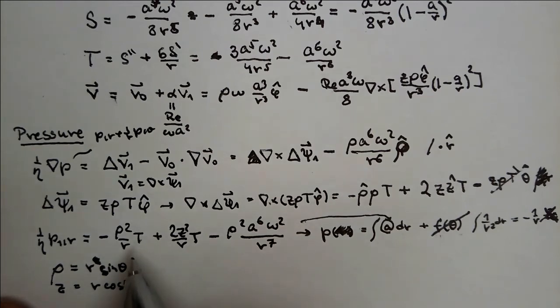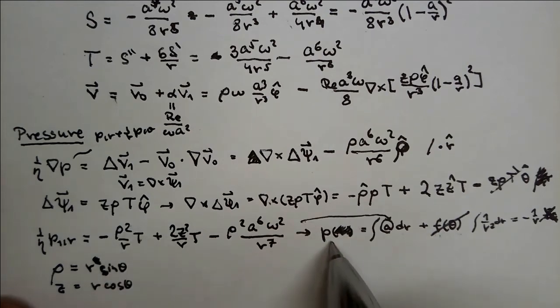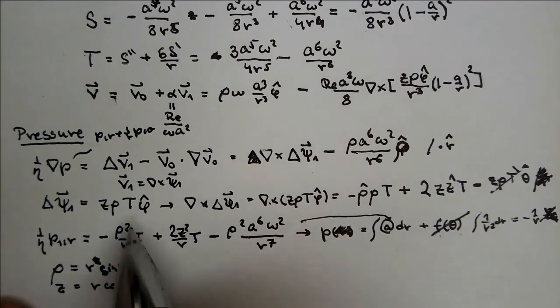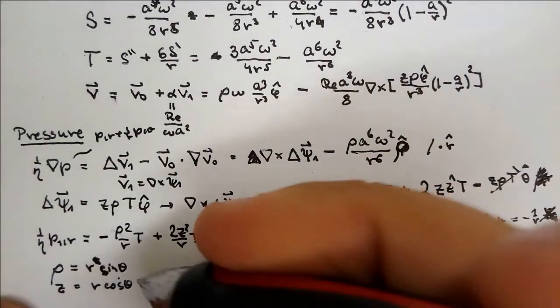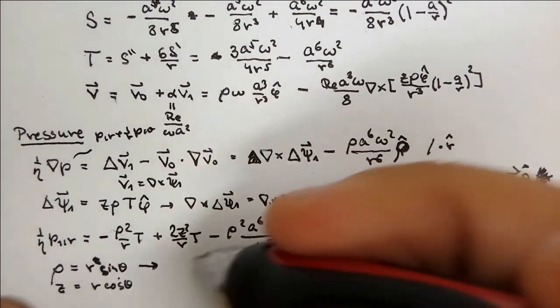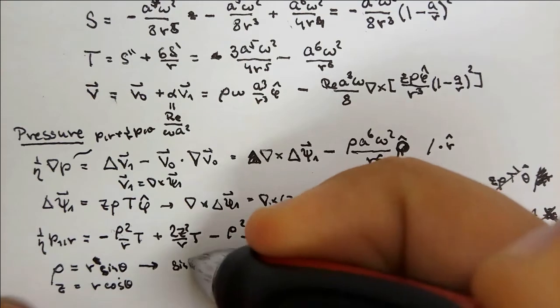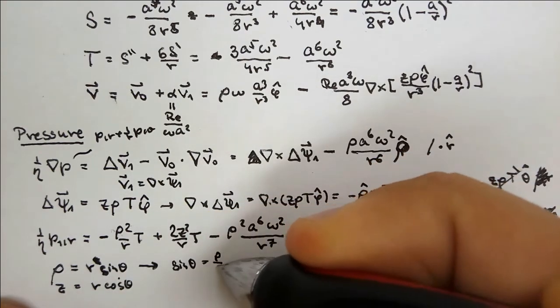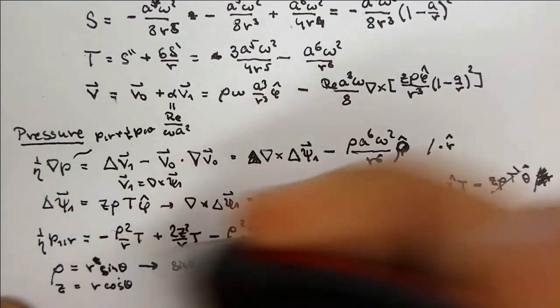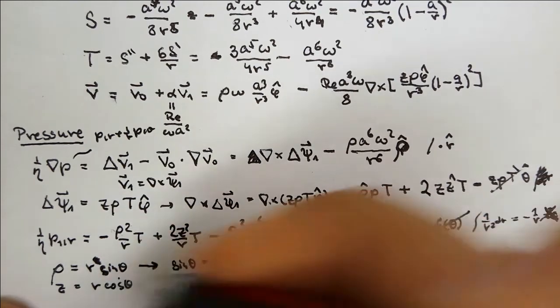And then the remaining terms: the pressure will be a function of r and theta. There should be some signs, and you will again, as in the case of ocean flow, substitute for sine before integration. So this has to be done this way.